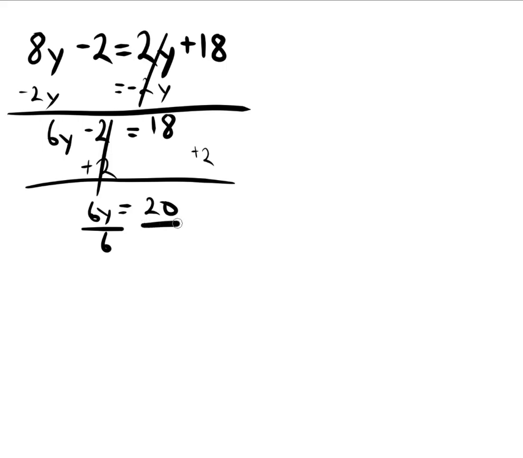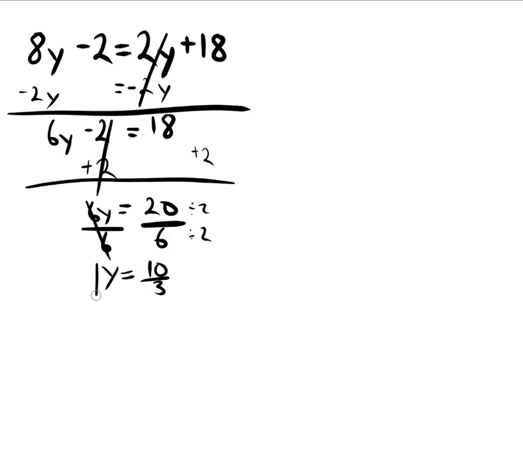If I do that to one side, I must also do it to the other side. And I end up with y is equal to 20 divided by 6, which I'm going to simplify by dividing both the top and the bottom by 2. And I'm left with y is equal to 10 thirds.